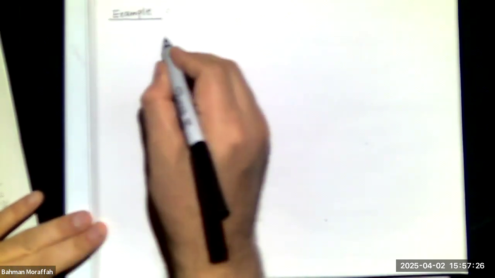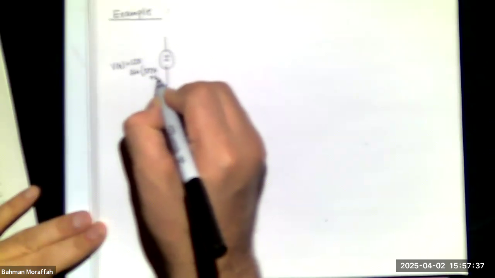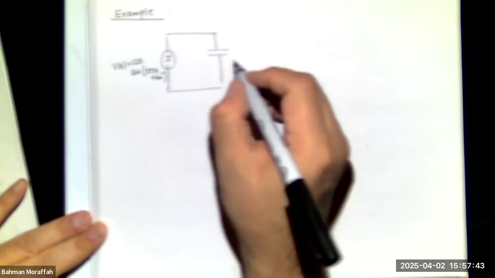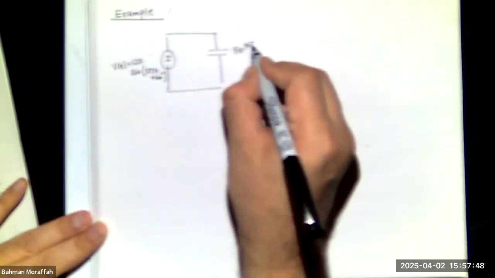Let's just say I'm given this circuit. This is V of t equals 120 sine 377t plus 60 degrees. I have a capacitor with value 50 microfarad.